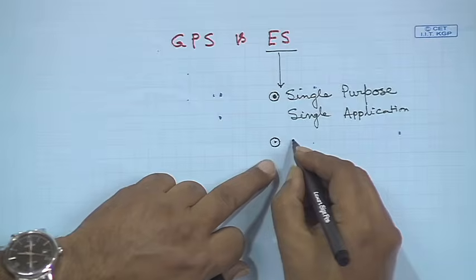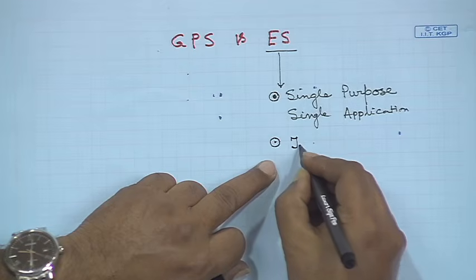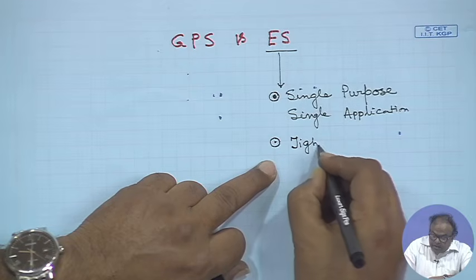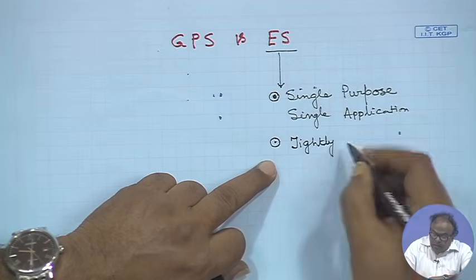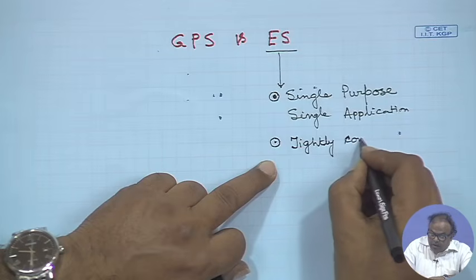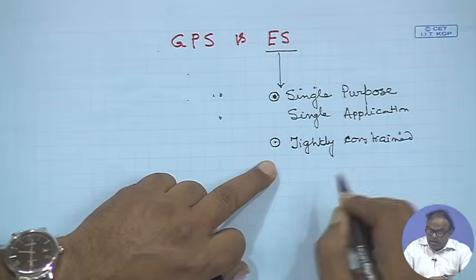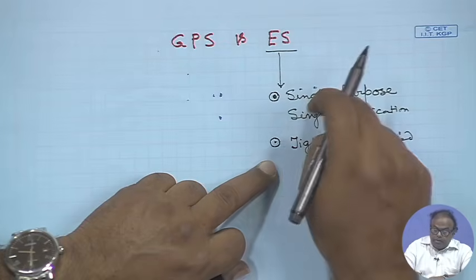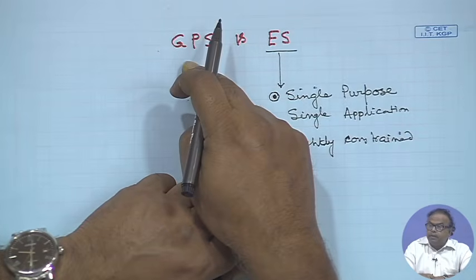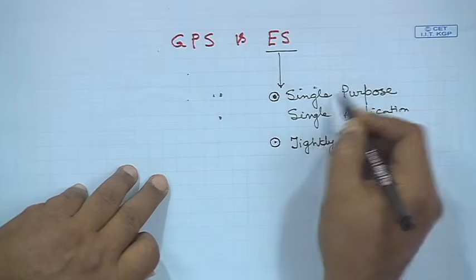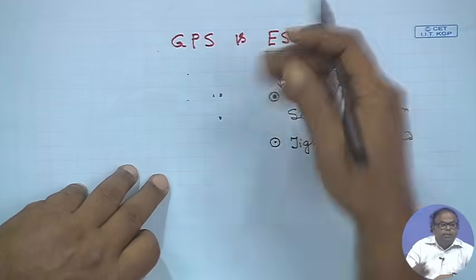The other distinguishing feature is that it is very tightly constrained. Compared to this, the general purpose system is not single purpose, it will be multiple purpose.